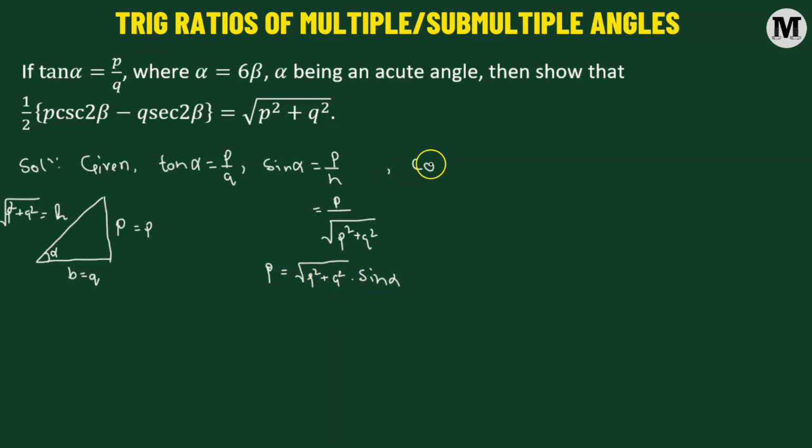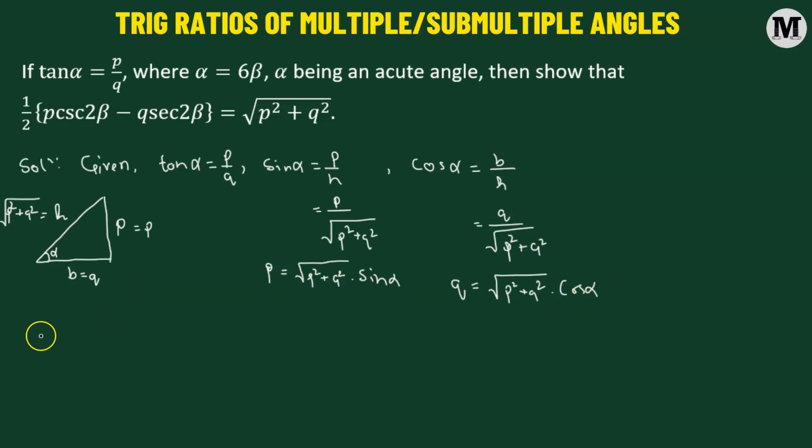Similarly, we can find out the value of cosine alpha as well. Cosine alpha will be the base over the hypotenuse. Here the base is Q, so we have Q over square root of P squared plus Q squared, such that the value of Q comes out to be square root of P squared plus Q squared times cosine of angle alpha. Fine. So we'll be using this value.